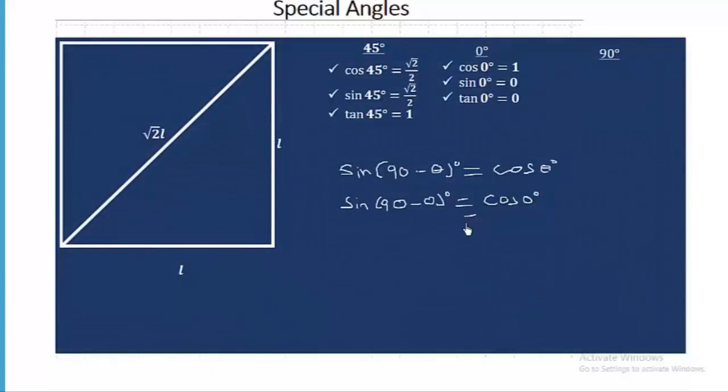Now we know cos 0 degrees will be equal to 1, and sine 90 will therefore be equal to 1. So sine 90 degrees is equal to 1.